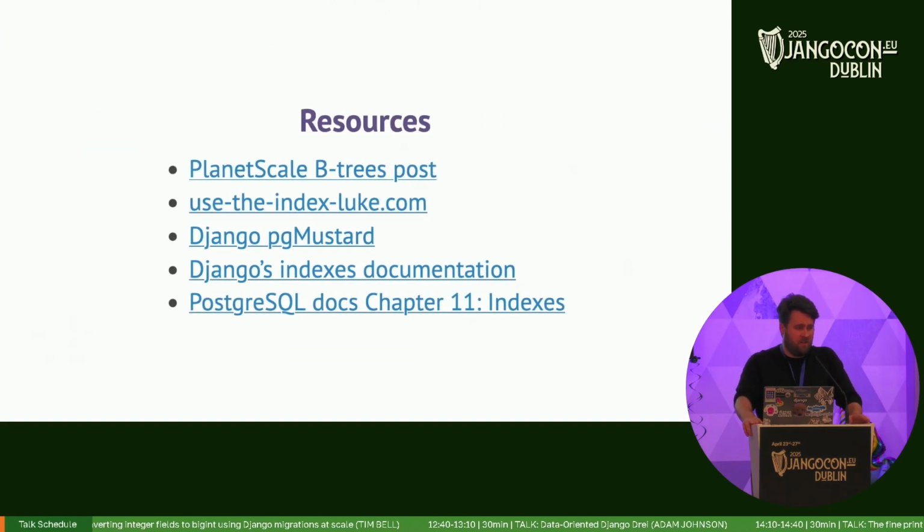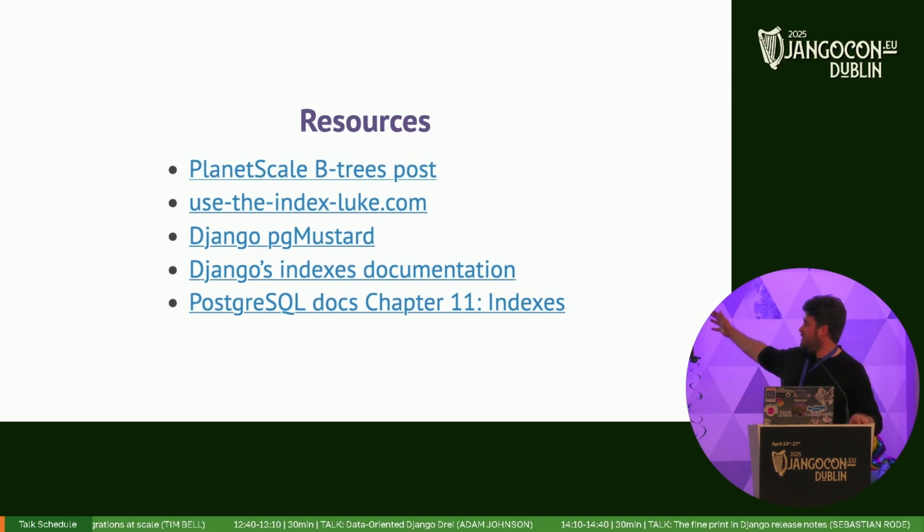So, for you to learn a bit more about indexes and go in depth, I've got some recommendations here of resources. The first one, a PlanetScale B-tree post, is an interactive tool that really lets you see how data gets added and removed from a B-tree and understand the searching too. The second one, Use the Index, Luke, is a great book about using indexes.